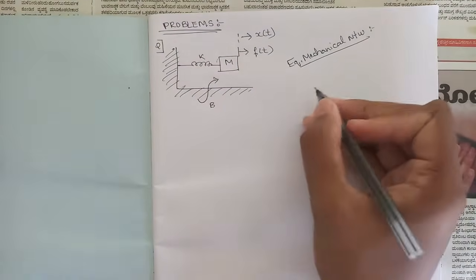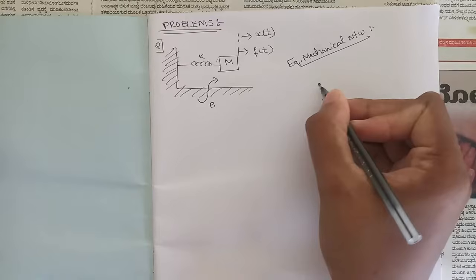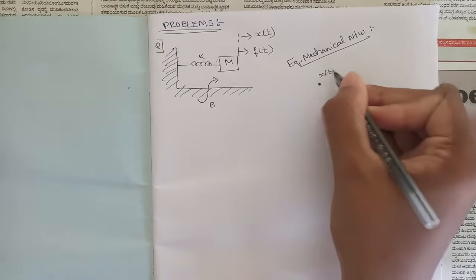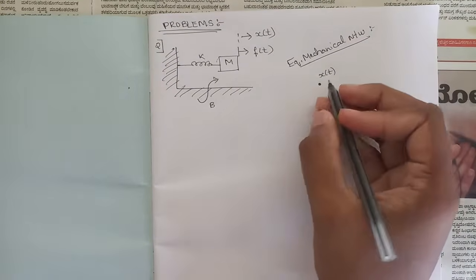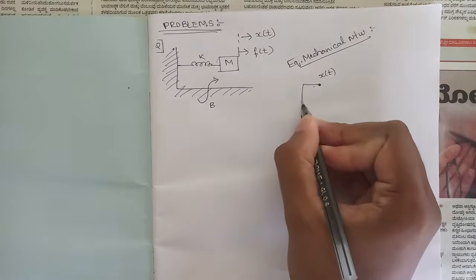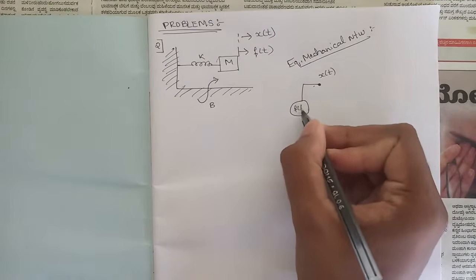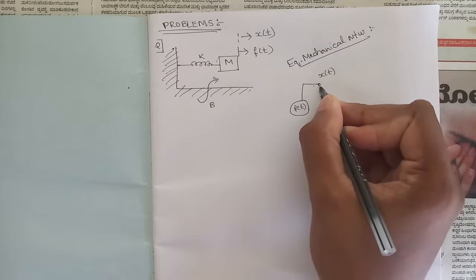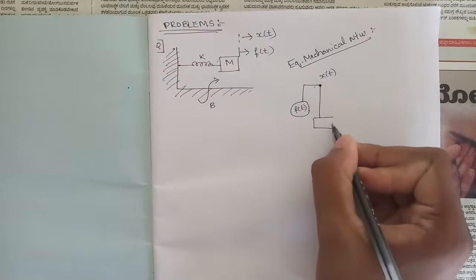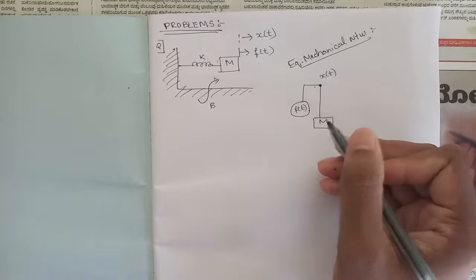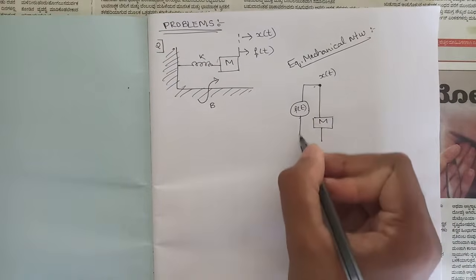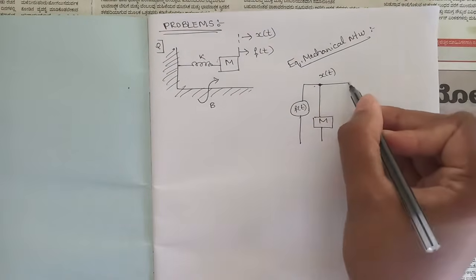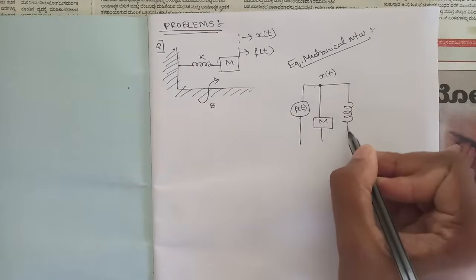So first make a node and name it as x of t, that is the displacement, and after that draw the force f of t, and in the same node the mass, because due to that force the mass is getting displaced, along with that the spring is getting displaced as well.